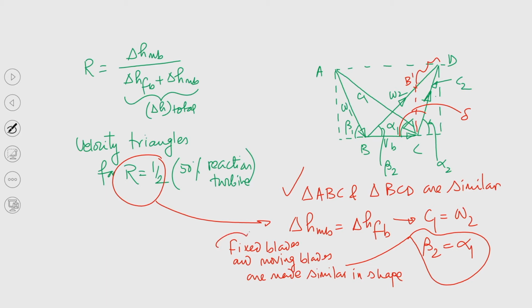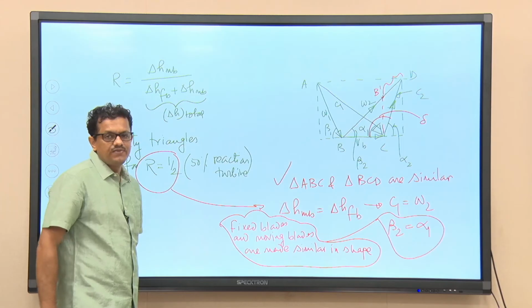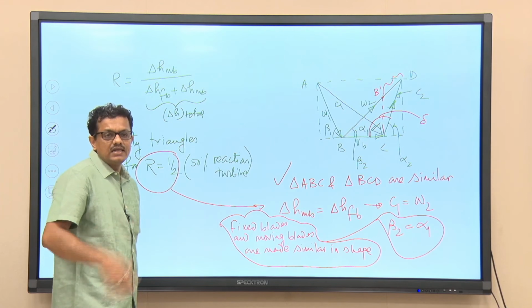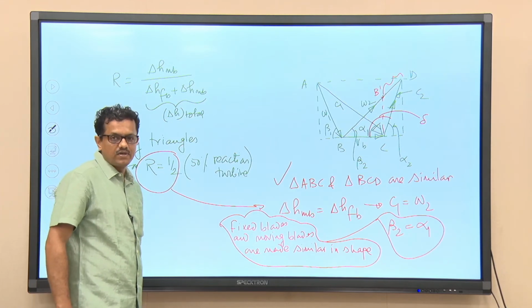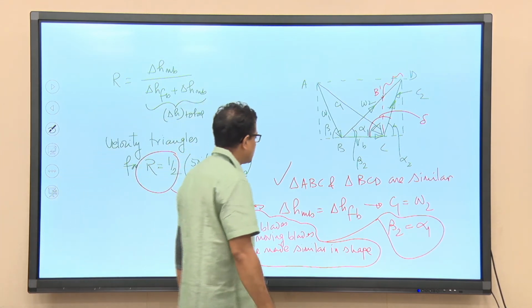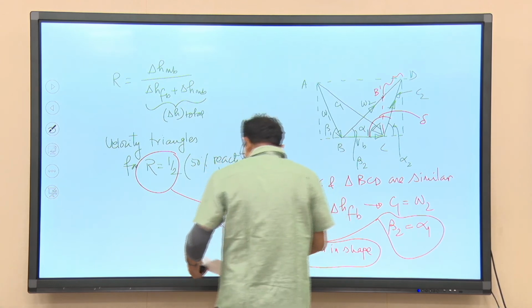This is what we need to ensure. As I told you, moving blades and fixed blades are geometrically similar, similar in shape. So, beta 2 equal to alpha 1, since these two triangles are similar.